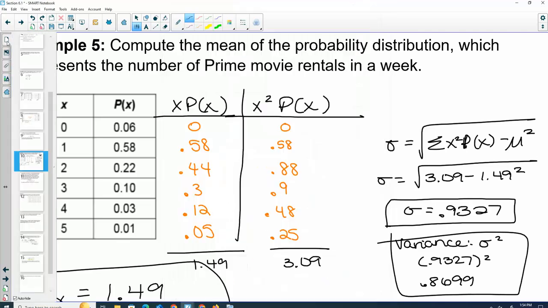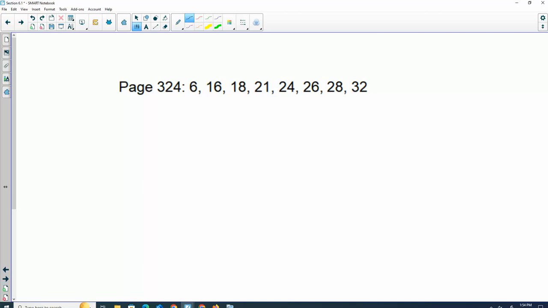I wanted to give you time to work today, so let's jump there. If it says find and interpret the probability, you don't have to interpret, just like we've been doing on all of these. I would like for you to find the mean and such by hand one time, but after that, if it asks for it again, you can do it on the calculator.